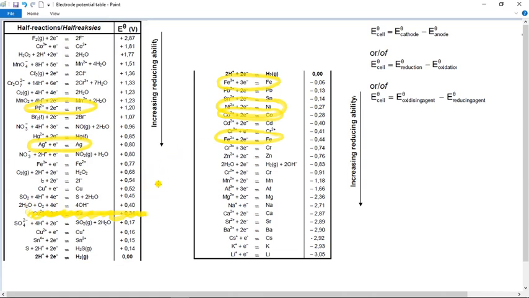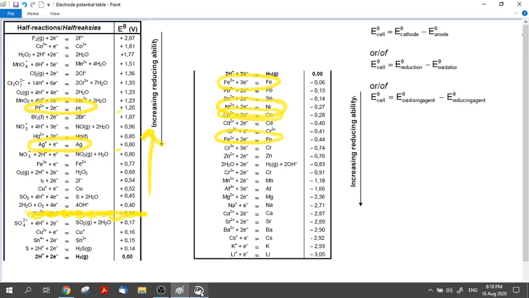We want copper ions going to copper metal. Which one goes easiest to a metal here? Everything above here will easily have the forward reaction favored, because the E theta is positive for the forward reaction. These others are all negative, and they will not want to occur. So I'm most likely to get platinum and silver out of the cell, because the rest have a negative E theta for the forward reaction.